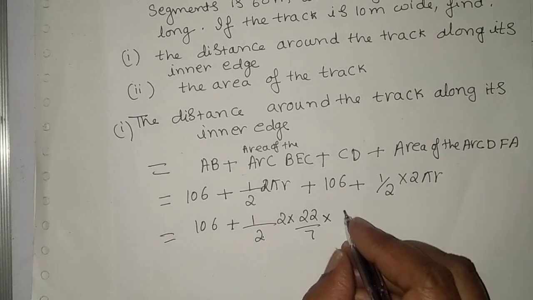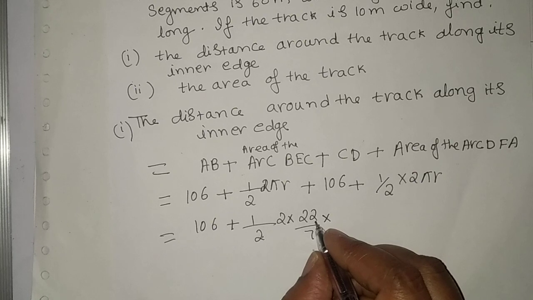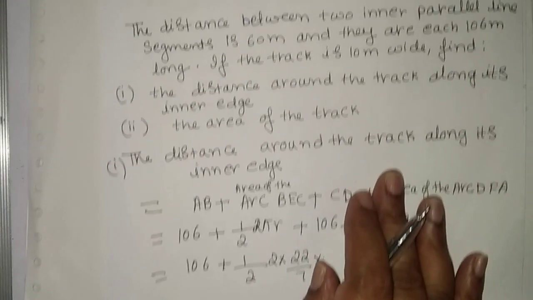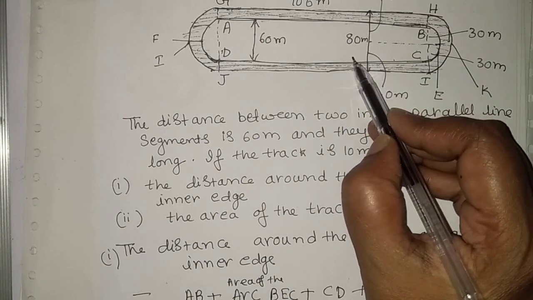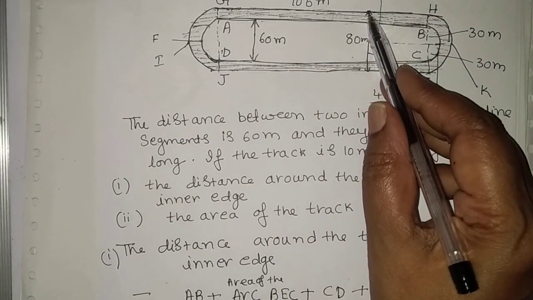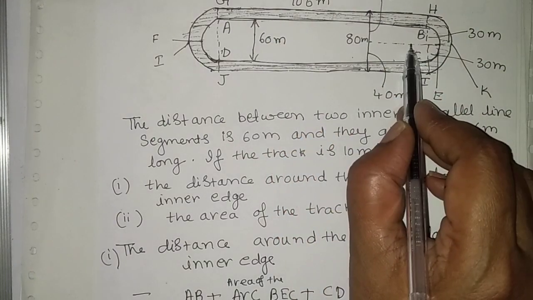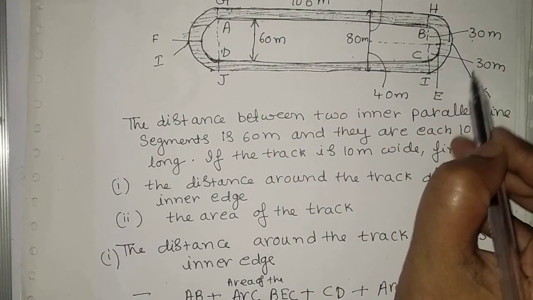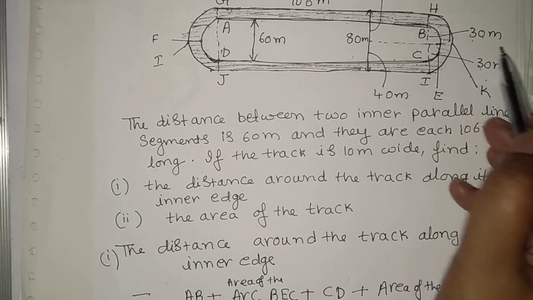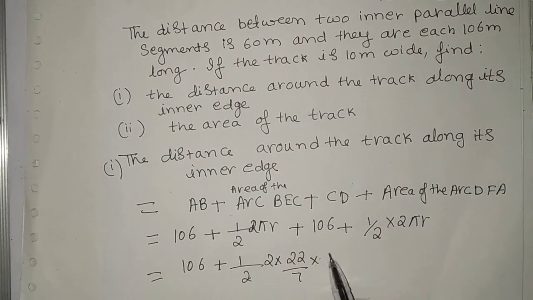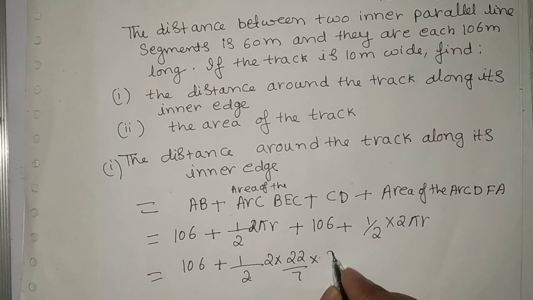What is the radius? The inner part is 60 meters and the outer part is 80, so the radius is 30. I have written everything in the figure. So the radius we take is 30 here in the inner part.